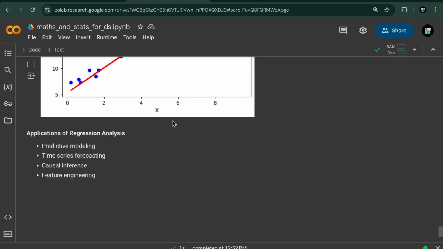Then causal inference, when we want to find what causes which, we can use regression analysis to find out if it is indeed true that a given thing x can influence another thing y. And then feature engineering, which is slightly advanced and out of the scope of this video. Again, there are learning materials on the Data Idea website for you to understand what feature engineering means in detail.